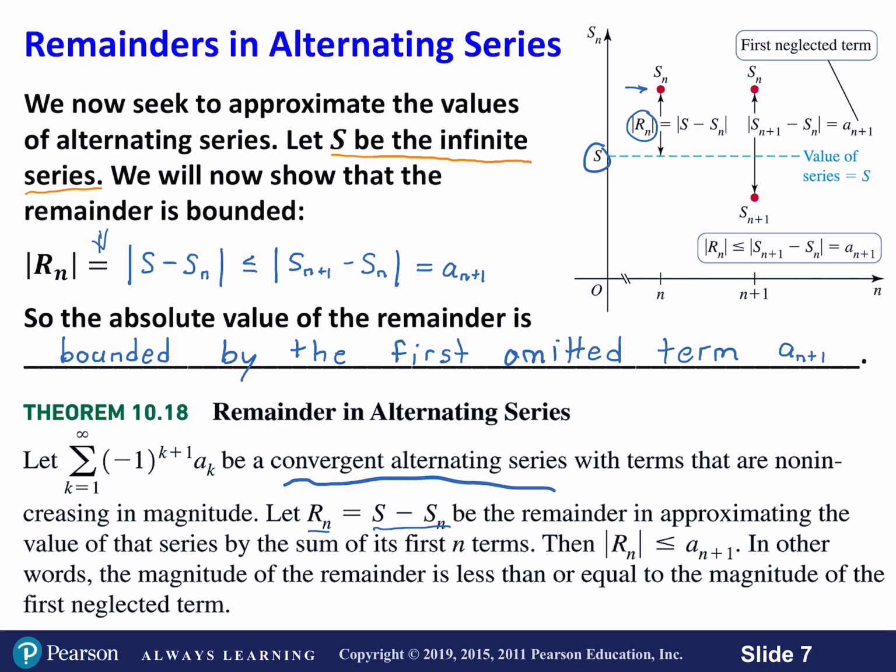But the thing to note here is that Sn plus 1 minus Sn, since Sn plus 1 was closer, we notice that the absolute value of Sn plus 1 minus Sn is actually equal to An plus 1. And the remainder is less than or equal to Sn plus 1 minus Sn, and that is An plus 1. I feel like I explained that terribly, but the takeaway here is just that the error is no larger than the first neglected term.